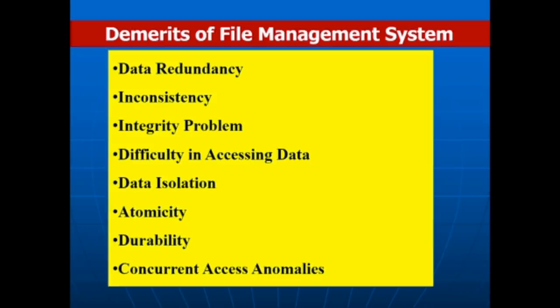Suppose mark should be greater than or equal to 0 and less than or equal to 100, suppose maximum mark is 100. If I put 120, that mark is going to be meaningless. So integrity means data must satisfy some condition.